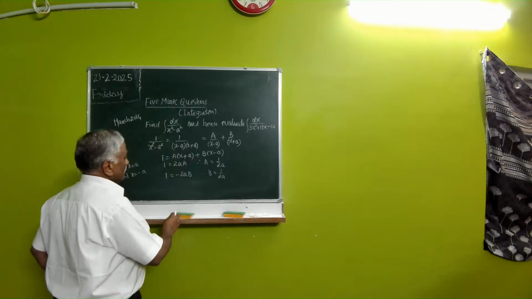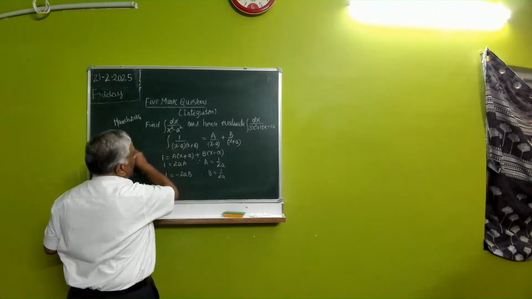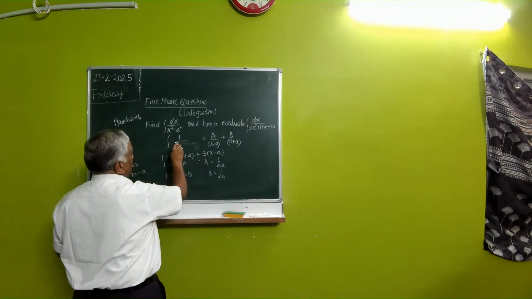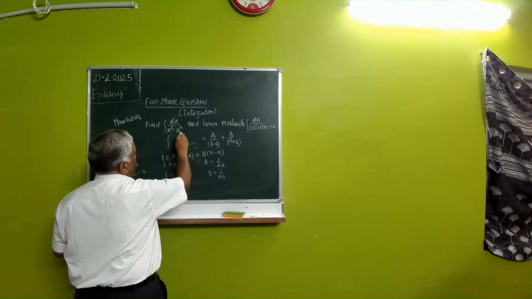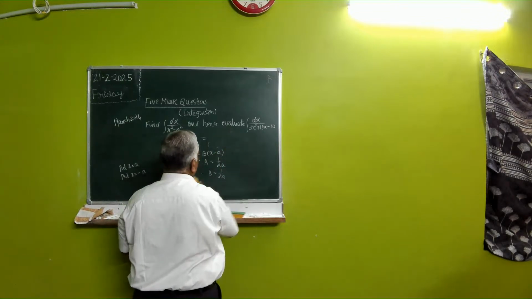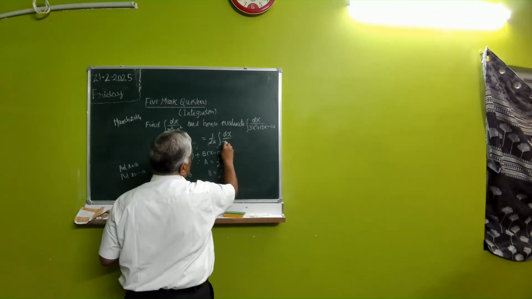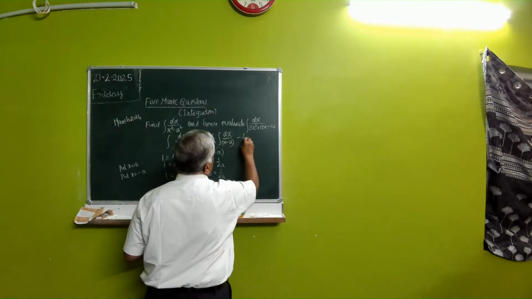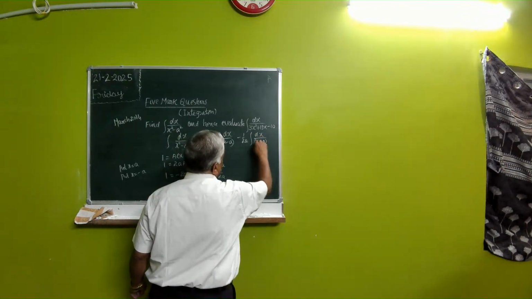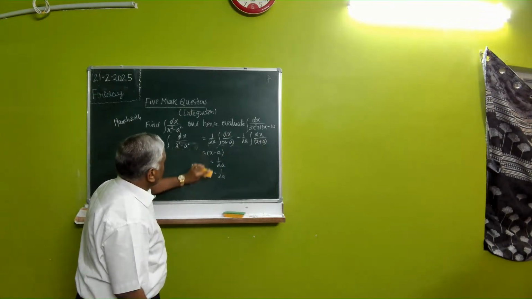So what you can do is write this integral of dx over x square minus a square as a into dx over x minus a, a is 1 by 2a, and b into dx over x plus a, b is minus 1 by 2a. So we have substituted the values of a and b.